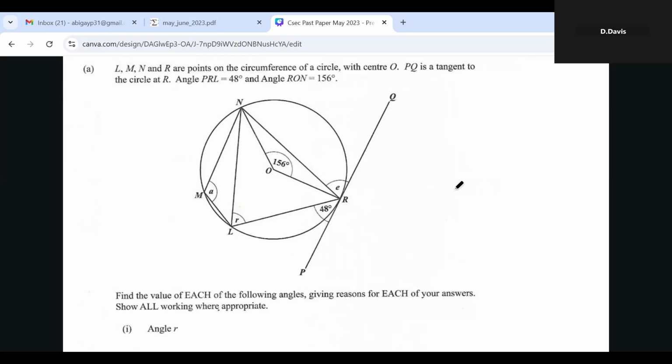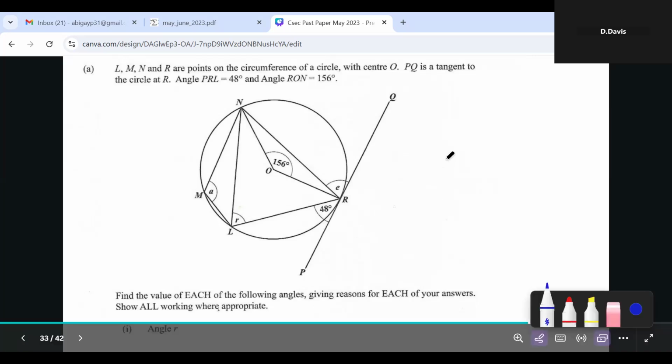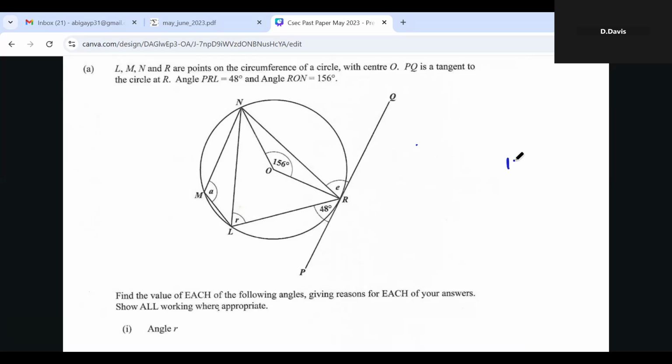Now, there is a theorem that states that an angle at the center is twice the angle at the circumference. So this is the angle at the center, which is 156, and it's twice the angle at the circumference. So I am going to put over here 156 divided by 2, using our calculator. That will equal 78 degrees.